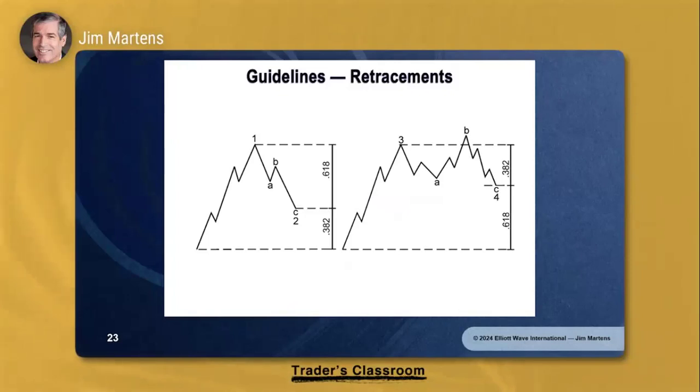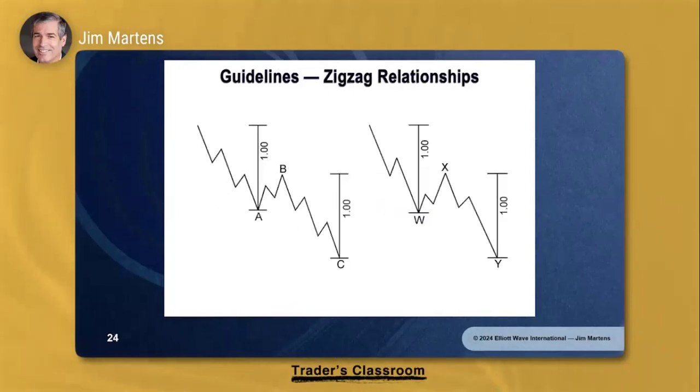And remember, wave 4 shouldn't overlap wave 1, so we always draw a line there. So you can see why wave 2 would be the deeper of the two corrective patterns. Not always, but usually.